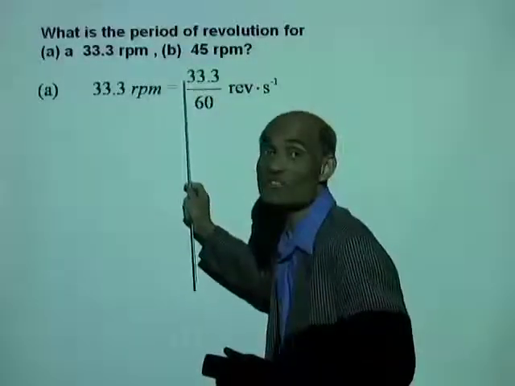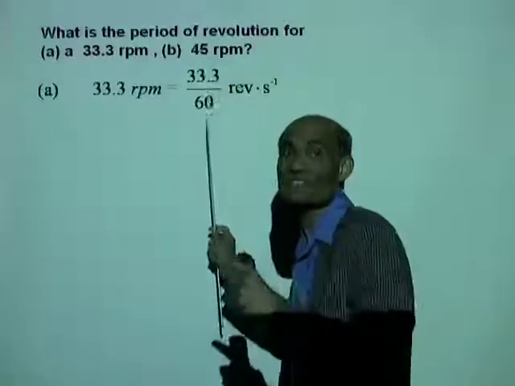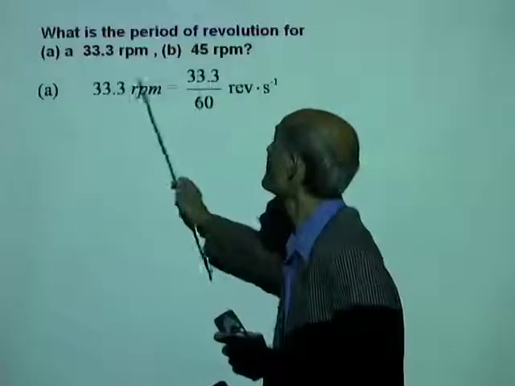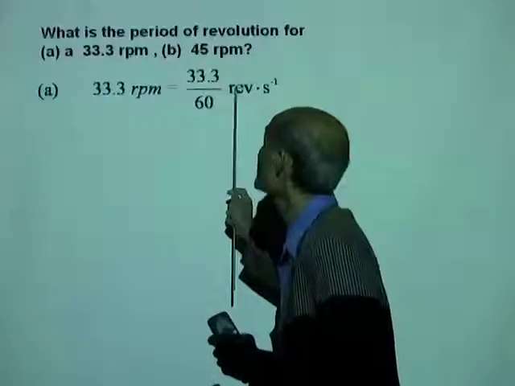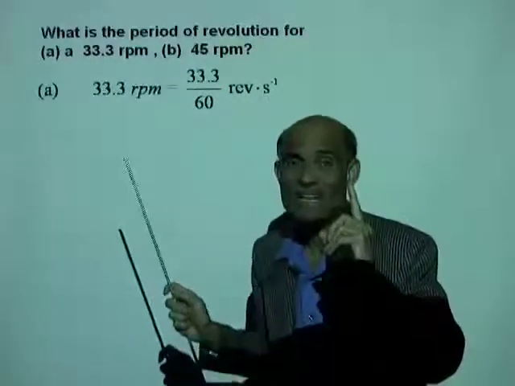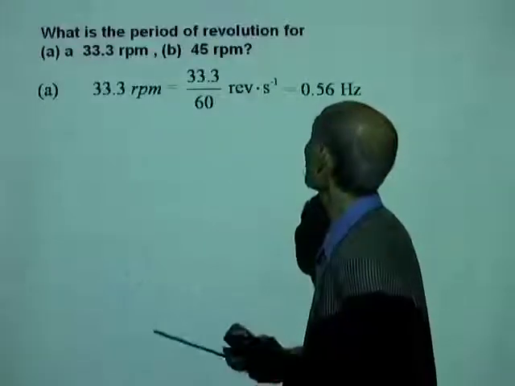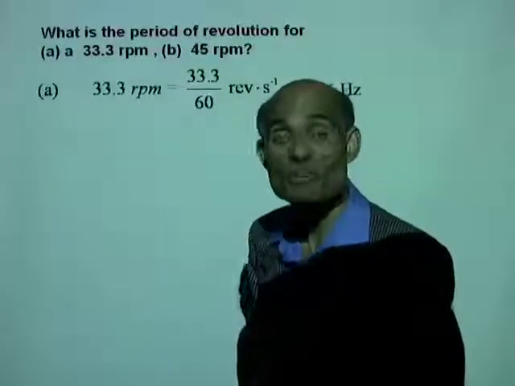If the disc makes 33.3 revolutions in 60 seconds, then it makes 33.3 over 60 revolutions in 1 second. Is that right? That's right. Now that will be 0.56 hertz, and that is the frequency.